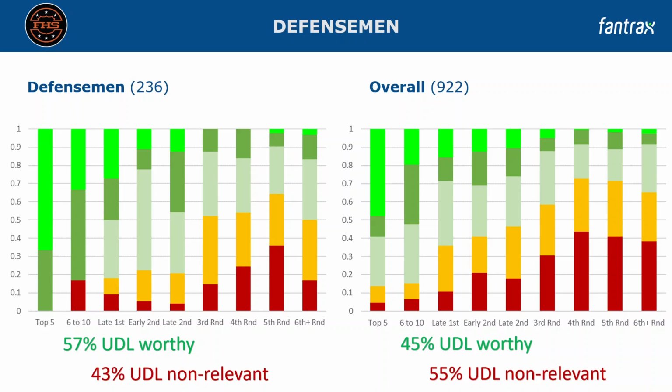But what I think is quite astounding is that until the end of the second round, we have around 80% success in finding fantasy relevant defensemen. 80% is huge until the end of the second, and then we see a significant drop for the third round, where it drops quite dramatically to below 50% in terms of finding fantasy relevant defensemen, if you combine the top three tiers.